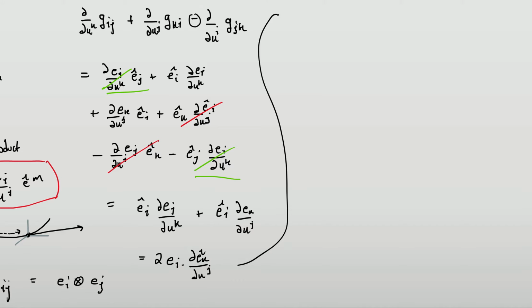Bring this all the way up here. So I'll just say, okay, copy it. 2 e_i d e_k d u_j, like that. All right, well, we said that this guy right here was a Christoffel symbol, right? That's what our definition of the Christoffel symbol was.